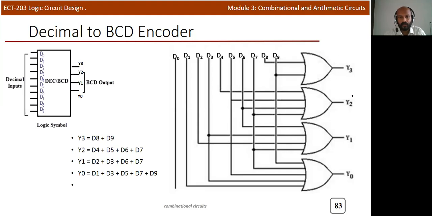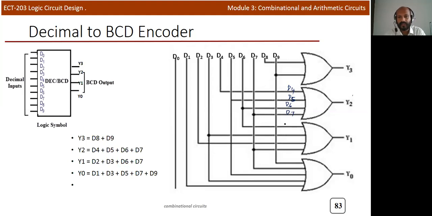Okay. Y2 has 4 inputs: D4 is here, then D5, this is D6 and D7. And for Y1, it's D2, D3, D6, D7.